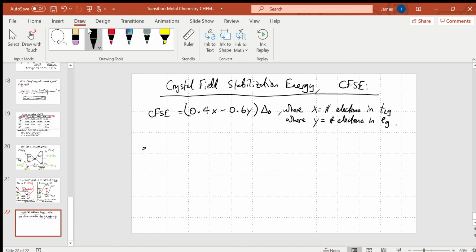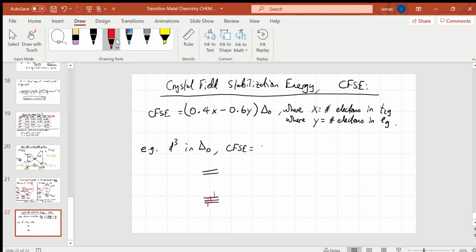So for example, let's see, for a D3 ion in an octahedral field, the crystal field stabilization energy is going to be, well, let's see what this would look like. Let's put the electrons in, I guess.